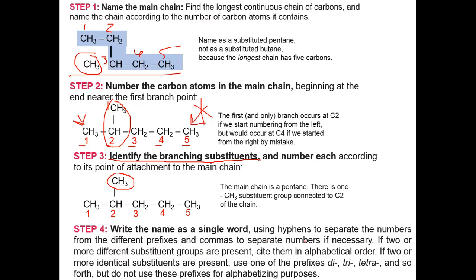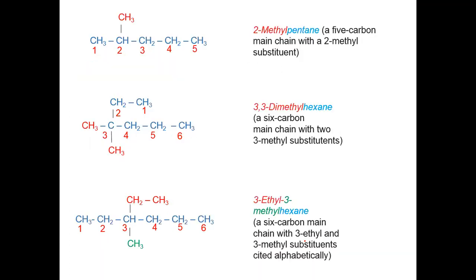Okay, and then write the name. For example, for this one, it's going to be 2 because we have a substituent on the second carbon, 2-methylpentane. So we have this hyphen between number and the word.